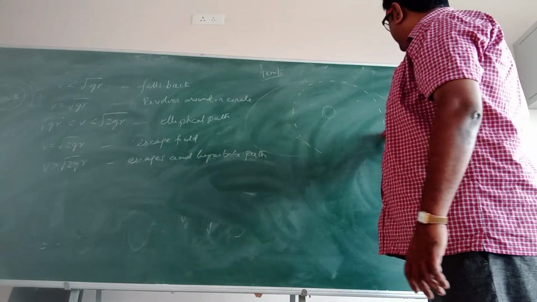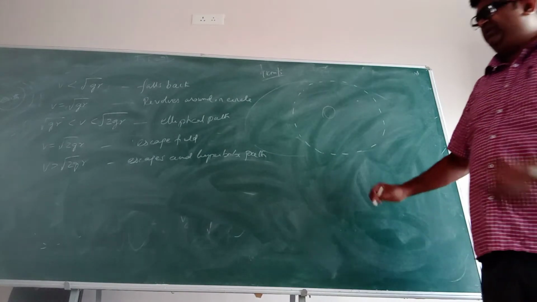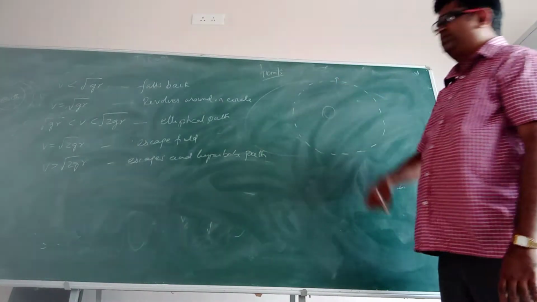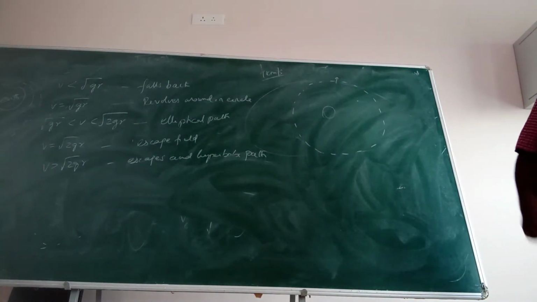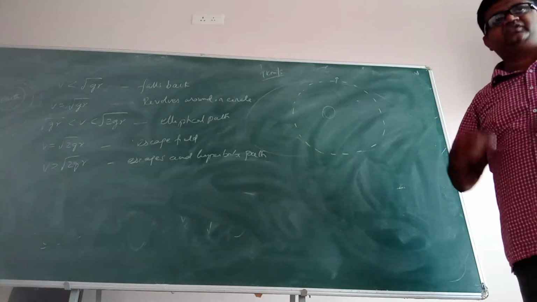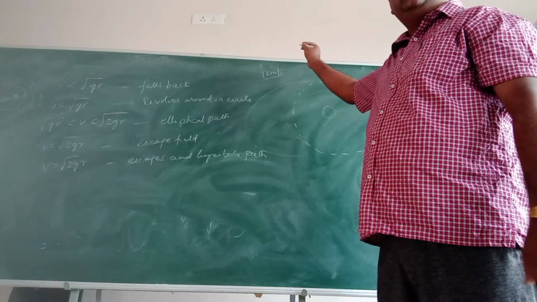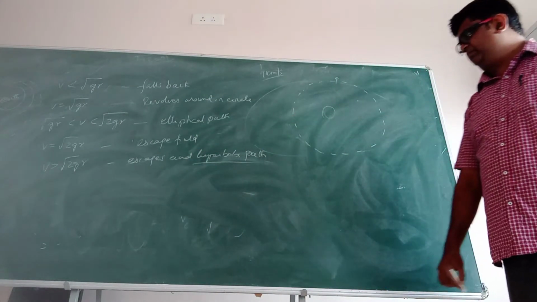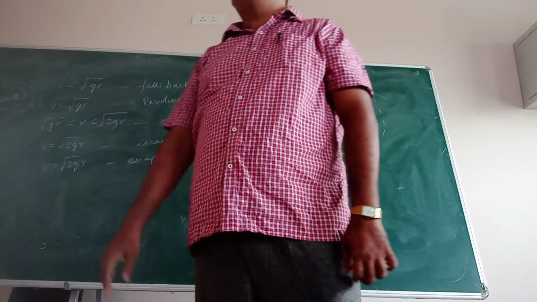Let us say this is the extent of your gravitational field. When you give this escape velocity, it will just pass over. Suppose you give speed which is more than the escape velocity, it will escape into space and it will take a hyperbola path.